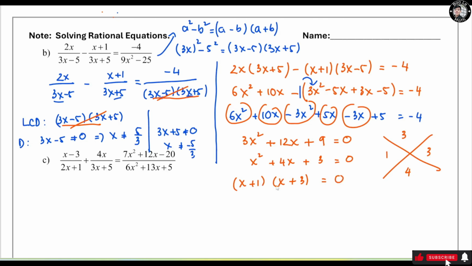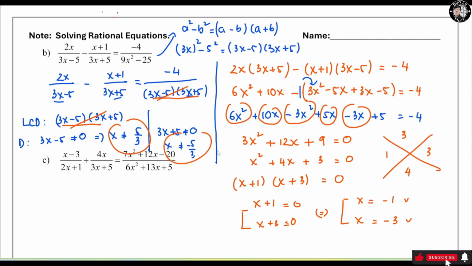This is a zero product, so each of these factors must equal 0. We have s plus 1 equals 0 and s plus 3 equals 0. Now we solve: s equals -1, s equals -3. Look at these two numbers, they are different from the excluded domain values, so we have two real solutions and no extraneous solutions.